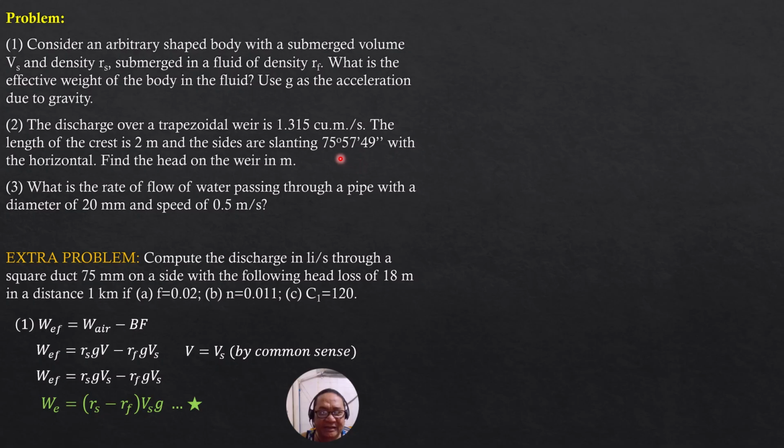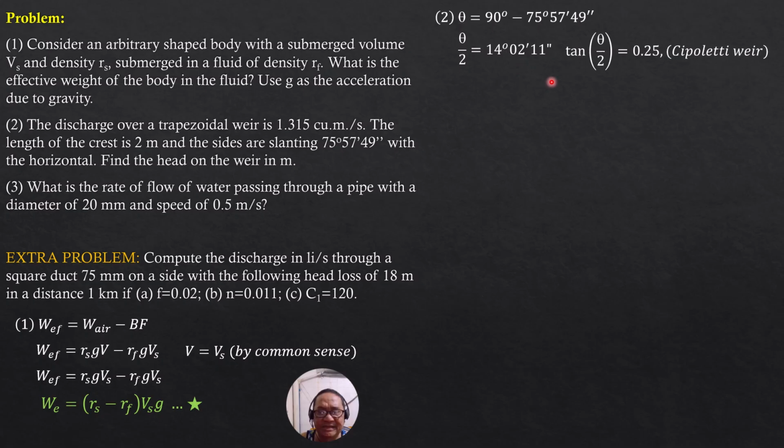Let's solve for theta over 2, which is 90 degrees minus 75 degrees 57 minutes 49 seconds, and theta over 2 is 14 degrees 2 minutes 11 seconds. Pressing tangent on your calculator, tangent of that angle is 0.25. So that's why we conclude that it is a Cipolletti weir.